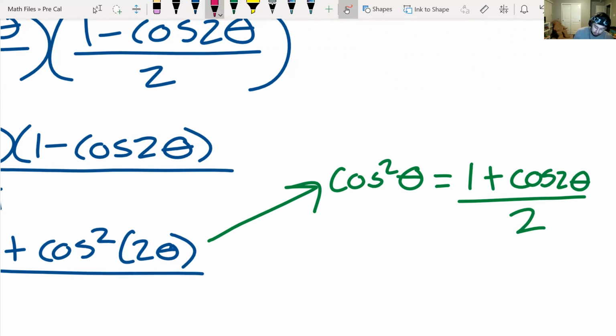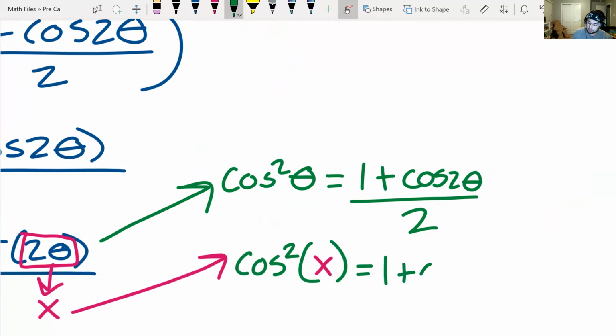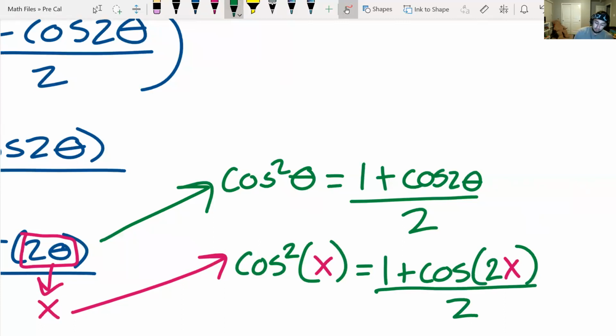We are going to let this become x, which means we're going to use this formula, but now I have cosine squared x equal to 1 plus cosine 2 times x, all over 2.